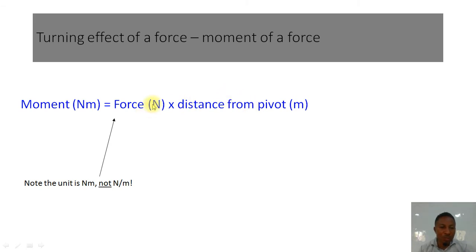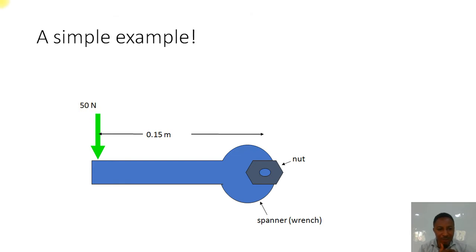If force is in Newton and the distance is in meter, then we can guess the unit of moment. Can we figure out the unit? Force is in Newton, distance is in meter. Of course, the unit is going to be Newton meter. Other units are Newton centimeter, Newton millimeter, and so on.